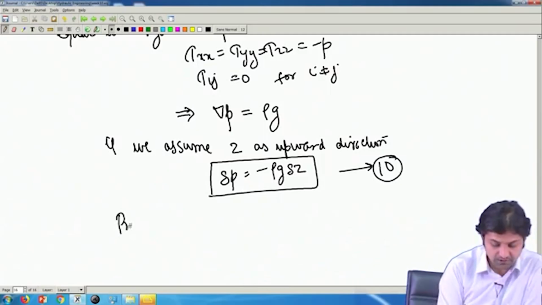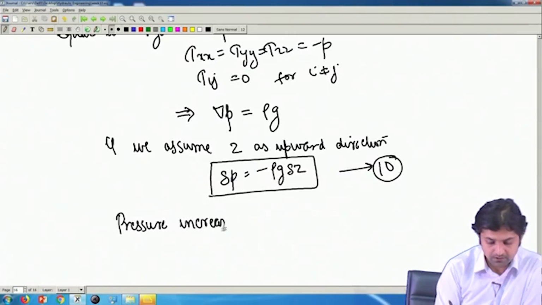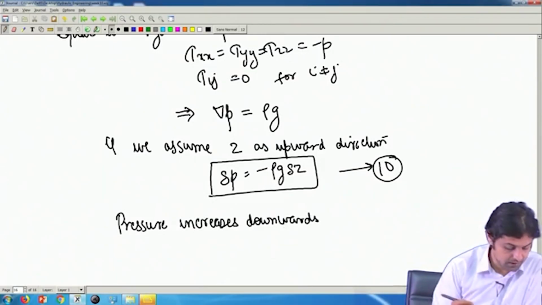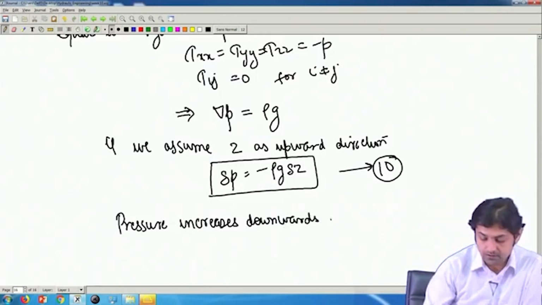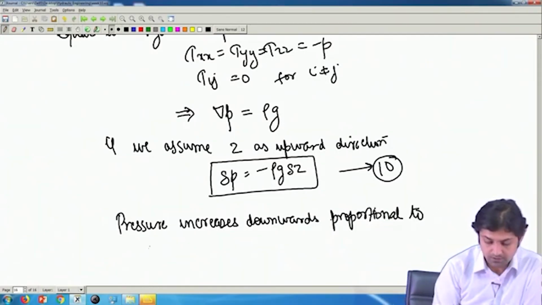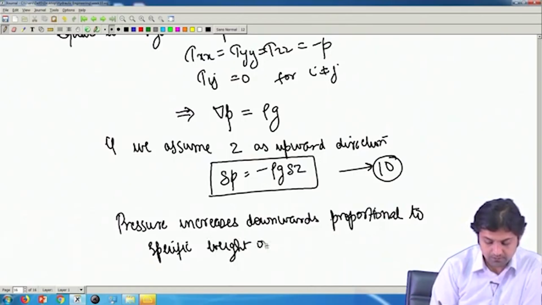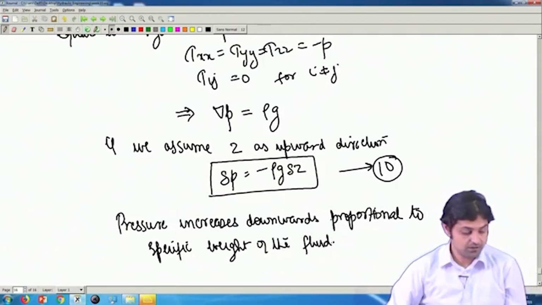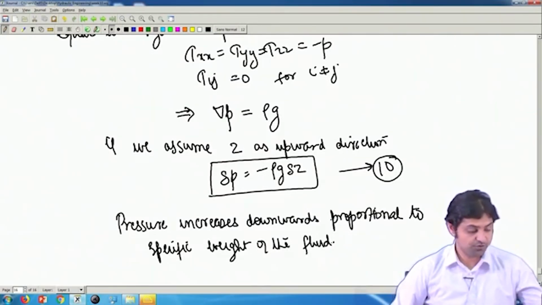This means pressure increases downwards proportional to specific weight of the fluid, and this is a very famous equation that we know from before.